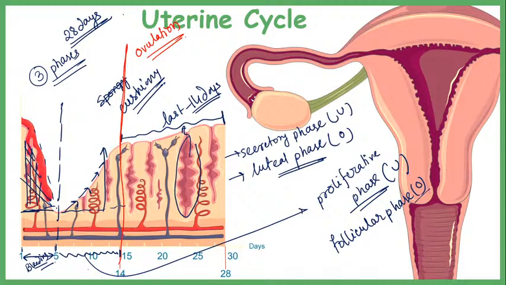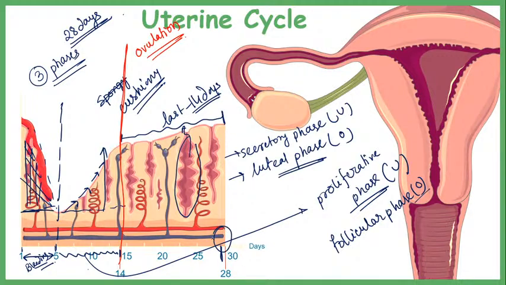Right? But at the end of this 28 days, what happens? If conception has not taken place, that means fertilization has not taken place, there is no embryo, there's a sudden fall in the estrogen and progesterone levels. That sudden fall triggers the breakdown of the outer layer of the endometrium, which shows up as the menstrual bleeding.